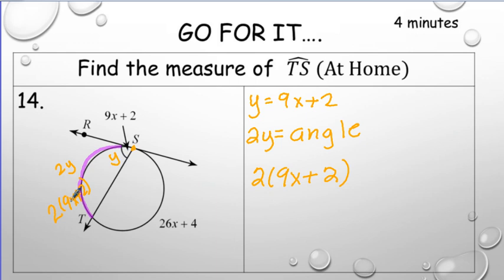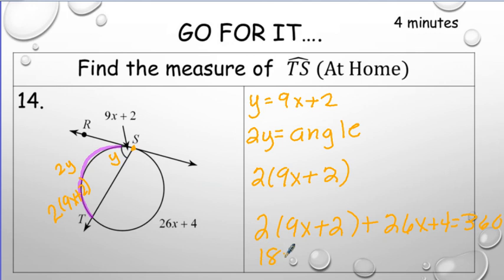Now if I add these two together, then I know there are 360 degrees in the arc of a circle. So I'm going to say 2 times 9x plus 2 plus 26x plus 4 should equal 360 degrees.